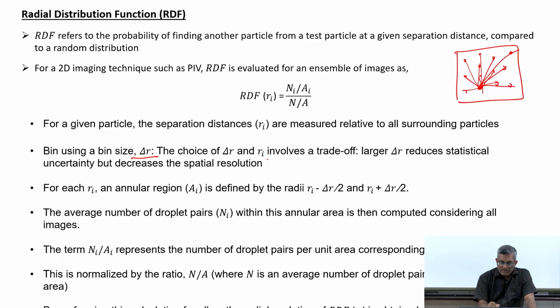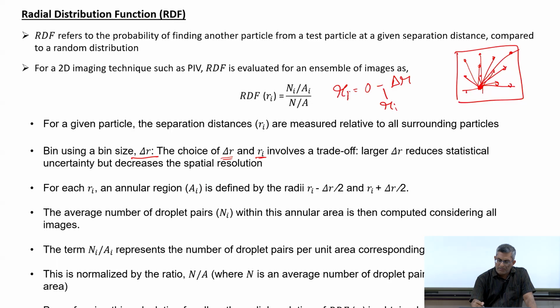So, these are known as Ri. So, you choose some Ri, okay, let us say R1, one separation distance, R2, R3, R4 and you go on. But you choose also the bin size. So, bin size means, see, R1 will be from 0 to delta R, okay, where you have this as Ri.